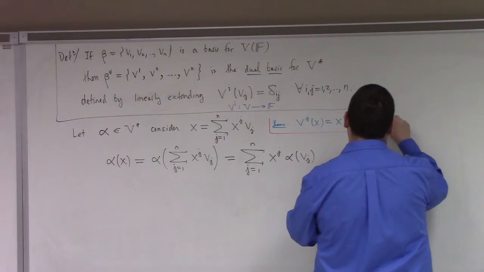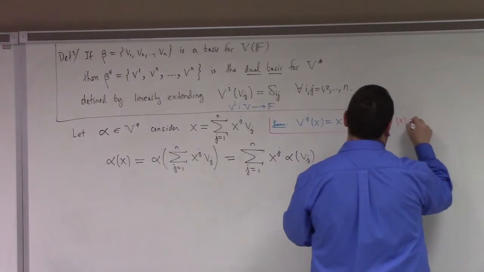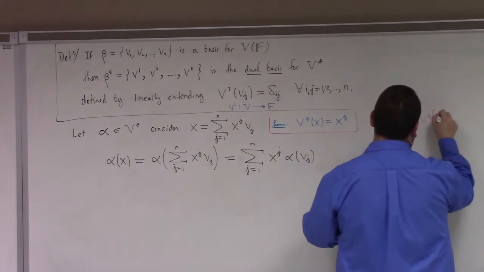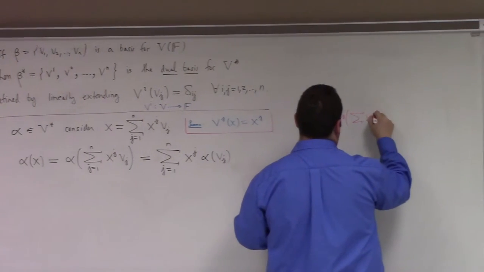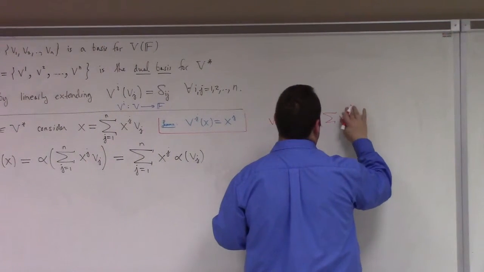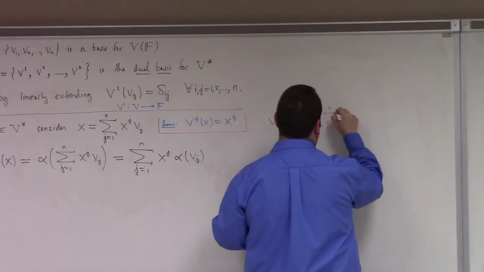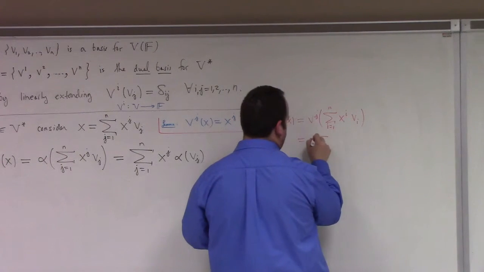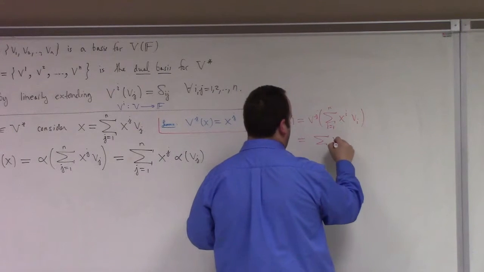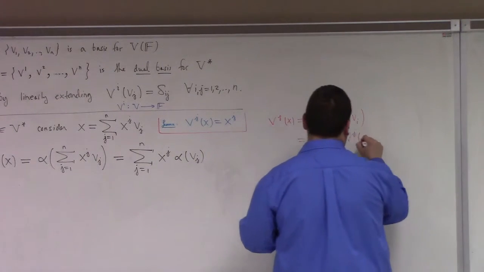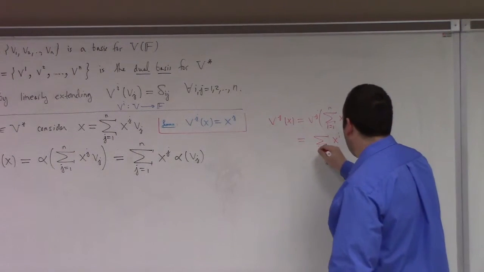So v^j of x is equal to v^j of the sum, let me use an i here, of x^i v_i, i equals 1 to n. Pull out the sum. You get the sum of x^i v^j of v_i, i equals 1 to n.